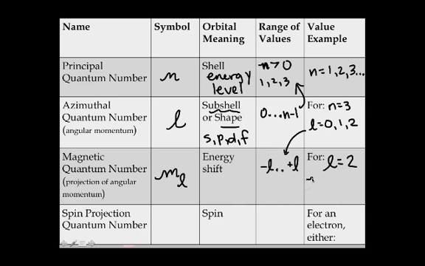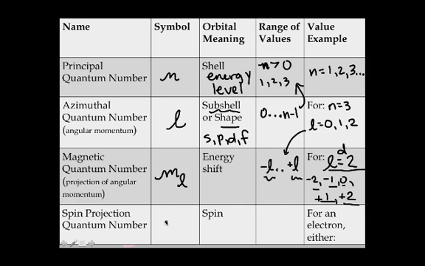We could have negative 2, negative 1, 0, positive 1, and positive 2. So from negative L up to positive L, and anything in between, we can have those values of m sub L. So where L is equal to 2, which is our D shape, we have 5 different magnetic quantum numbers, into which we can fit exactly 2 electrons for a total of 10 electrons held by a D orbital.